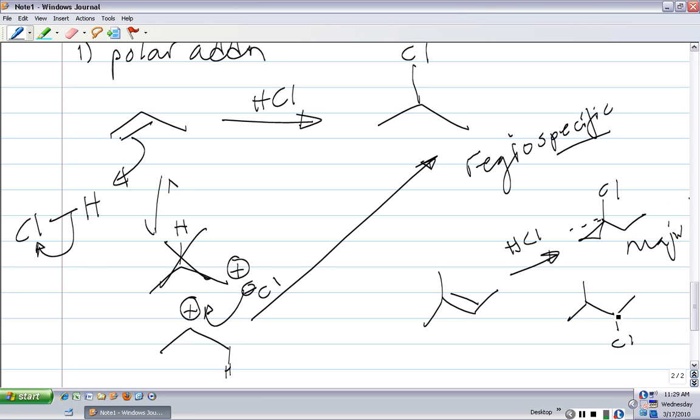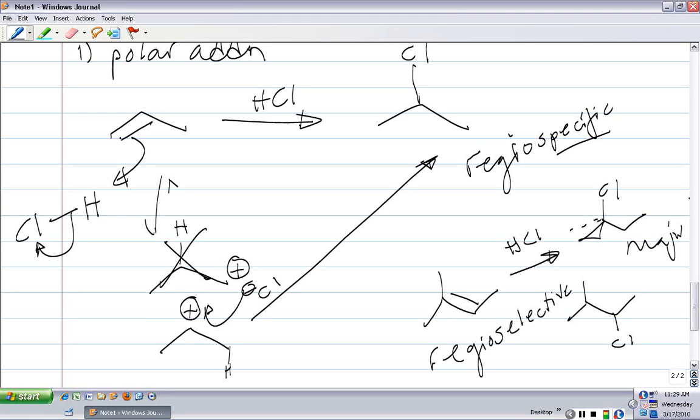I'd get this one as a minor because it goes via the secondary, but I'll get them both because I can make both secondary and tertiary carbocations. This reaction shows regioselectivity, meaning that I'll get more of one than the other, but I'm going to get them both. Specificity means I only get one. Two are theoretically possible, but I only get one.